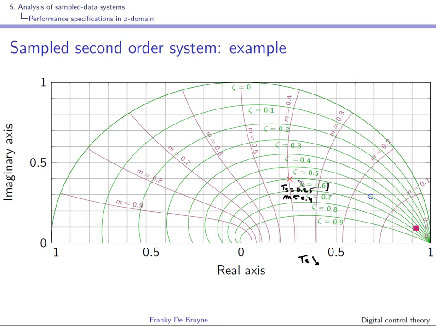And as you can see, when ts decreases, the sample pole location moves on this logarithmic spiral corresponding to zeta is equal to 0.6, and it moves towards a double pole in z is equal to 1, so a double real pole.